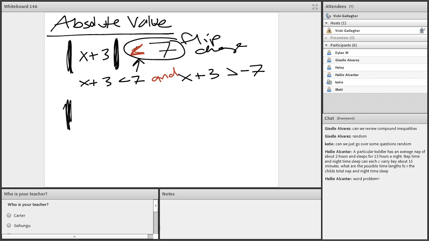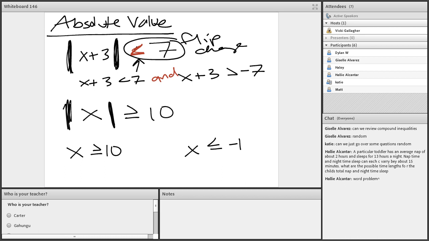If you have absolute value bars and it's a greater than symbol, you're going to do the same thing. You're going to do one exactly how it originally looked. For your second one, you're going to flip it around and change the sign of the outside number. Okay, flip this around, change the sign of the outside number. If it's a greater sign, then you're going to write the word or in the middle.